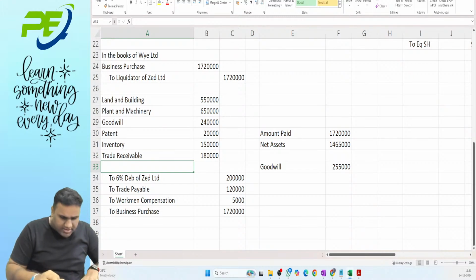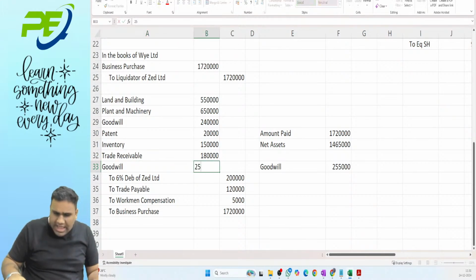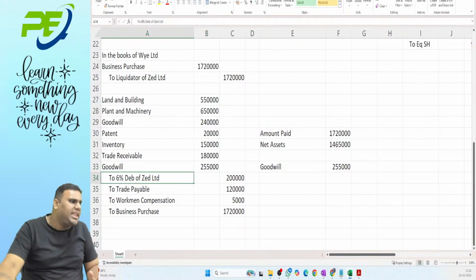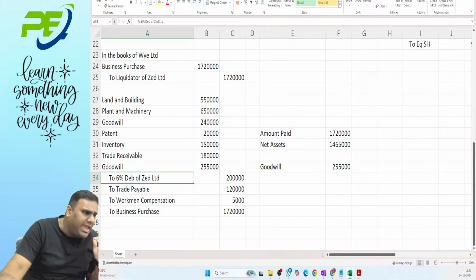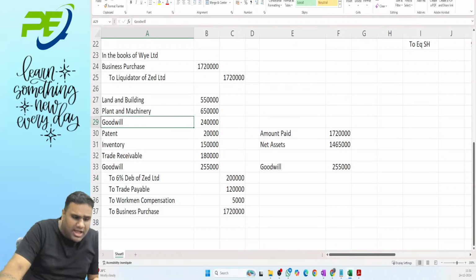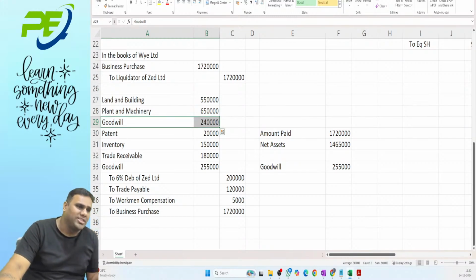Now, goodwill will be 2 lakh 55,000. Basically, goodwill or capital reserve. If you are paying less, then it will be capital reserve. But yeah, goodwill is already there. This is existing goodwill, this is purchase goodwill. Like that, you should not think.